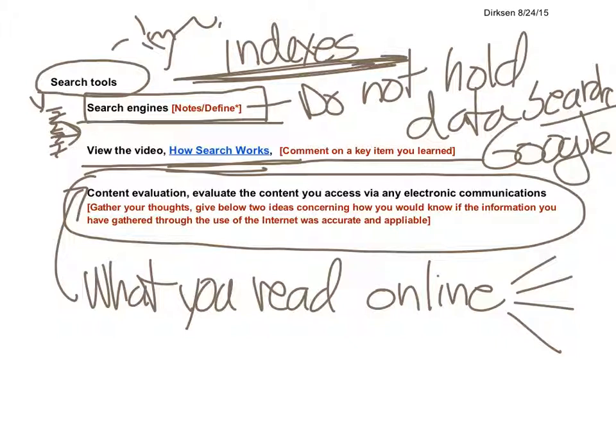Wikipedia is millions of people voicing their ideas. So it's what the majority thinks, not necessarily what might be a fact. So you gotta be careful what you read online. Okay? And how you perceive it. You must evaluate the content.